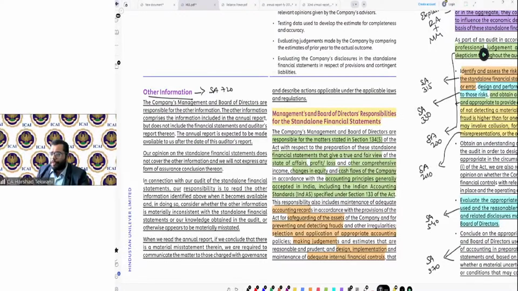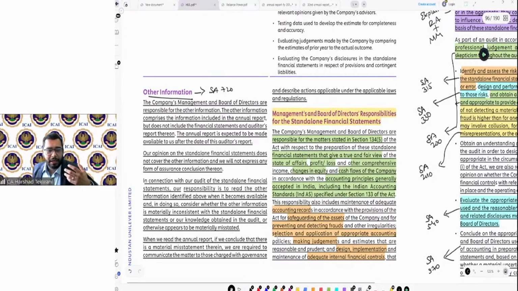Now, there are two very critical things mentioned in this. One, what is other information that is prescribed here? Number two, what this other information talks about.